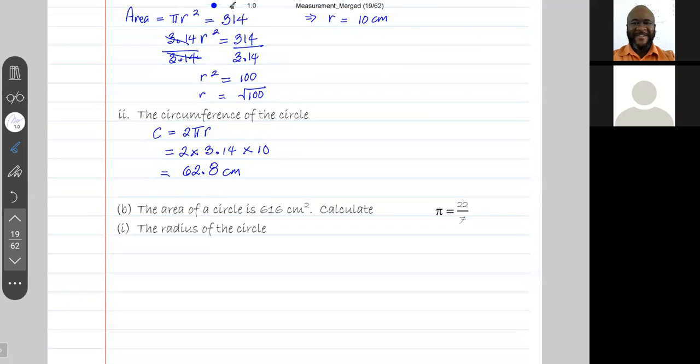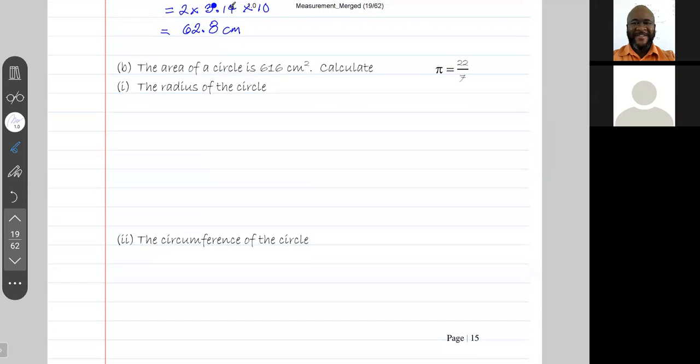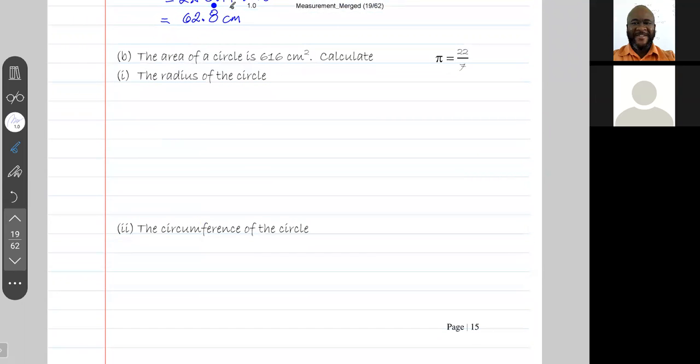All right, so let's have a look at B. So for B, we're told that the area of the circle is 616 centimeters square. We're asked to calculate the radius. So the area, which is pi r square, is equal to 616. So 22 over 7 times r square is equal to 616. So 22 r square over 7 is equal to 616.